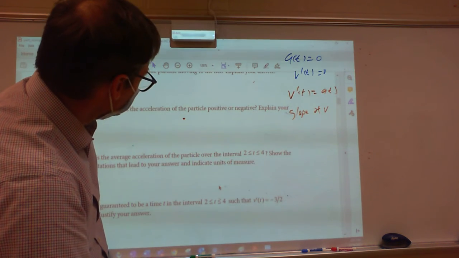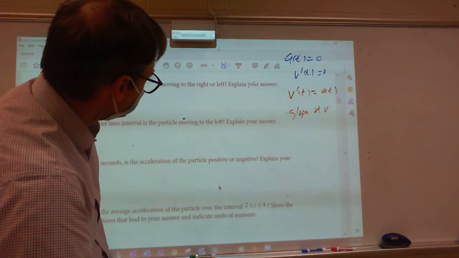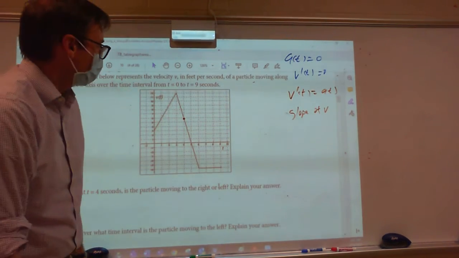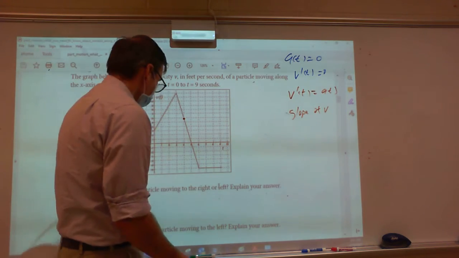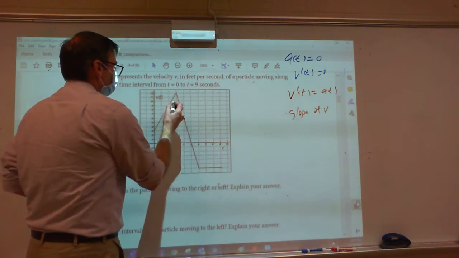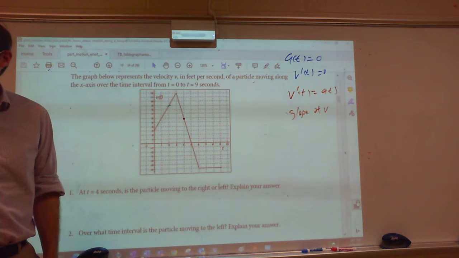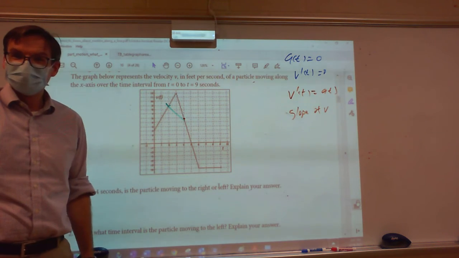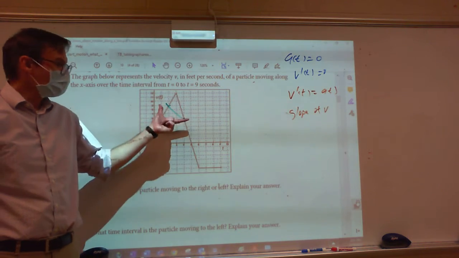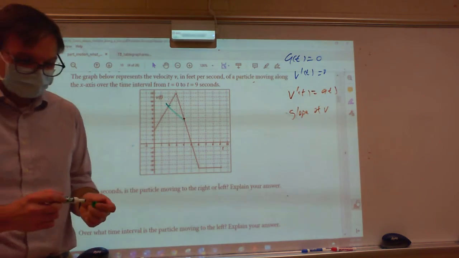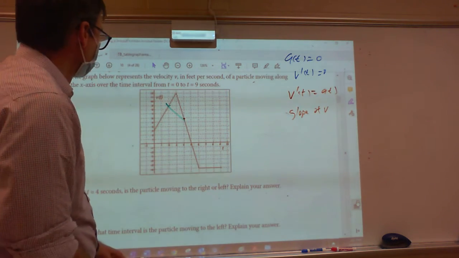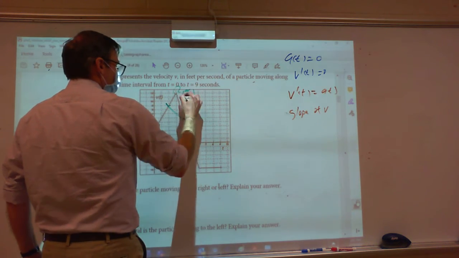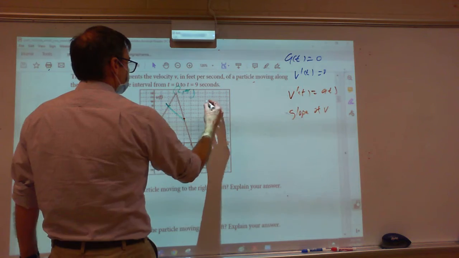What is the average acceleration of the particle between 2 and 4? So how do we find the average acceleration between 2 and 4? Slope, right? So we find the slope of the green line. That's 2.9 and this is 4.6.